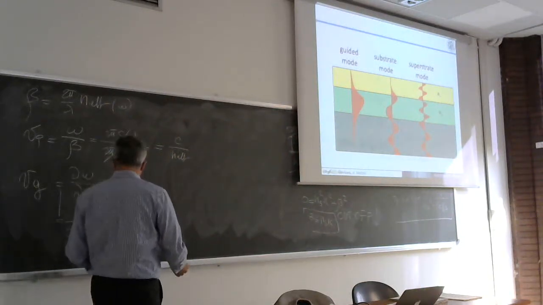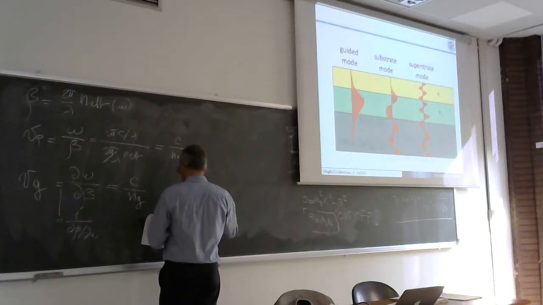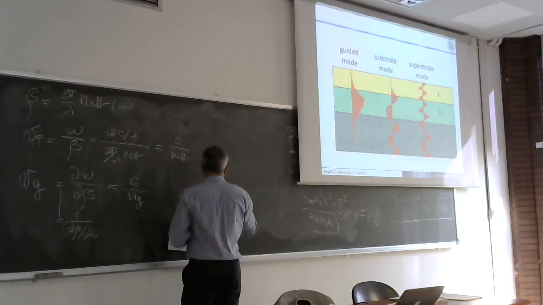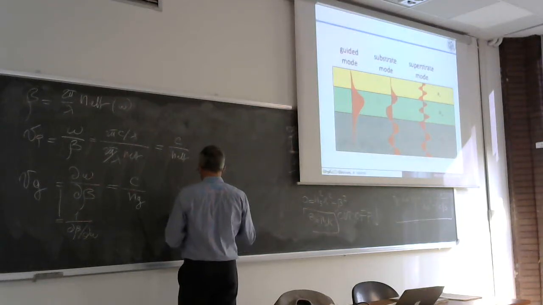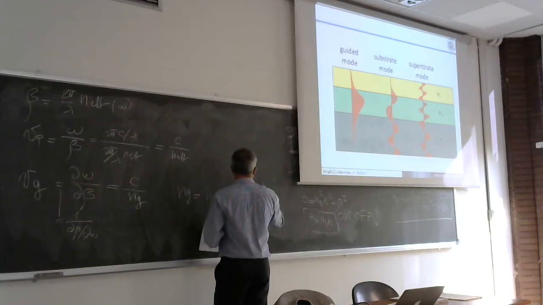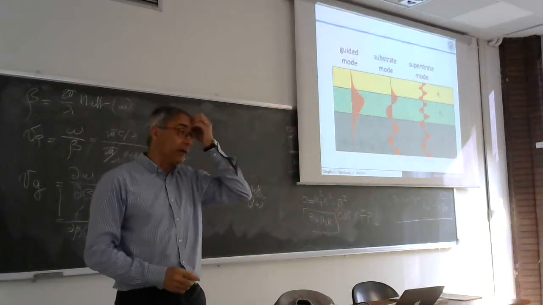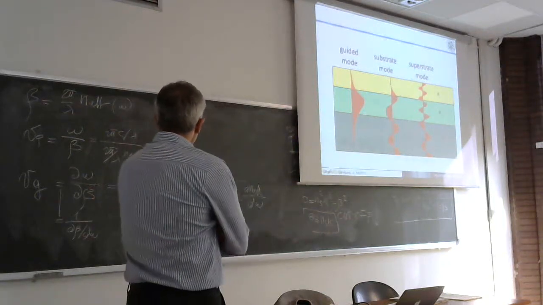So what you get is that the group index is the effective index plus omega times the derivative of the effective index with respect to omega. Probably you have already found this expression in some other courses.